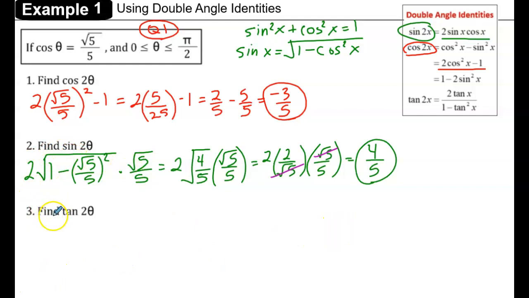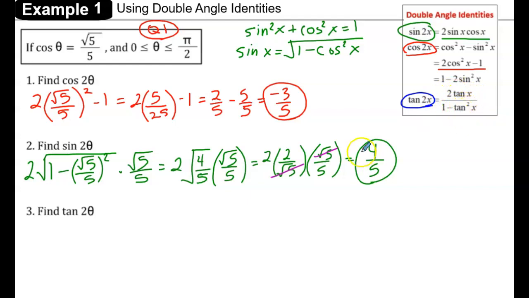Okay, in example 3, we're going to evaluate the tangent of 2 times theta. So we need the double angle identity for tangent, and that's 2 tangent of x in the numerator, 1 minus tangent squared x in the denominator, which means we need to know the tangent.